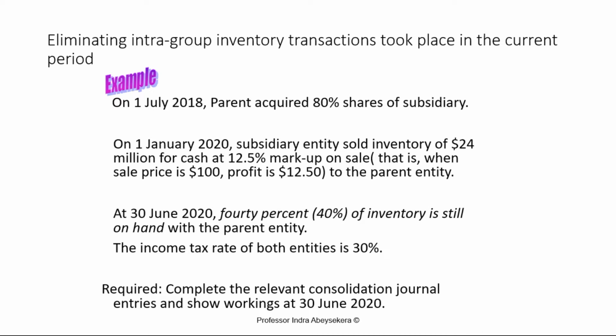The income tax rate of both entities is given as 30%. We are going to look at the consolidation journal entries required at the end of the current financial year to prepare consolidated financial statements.